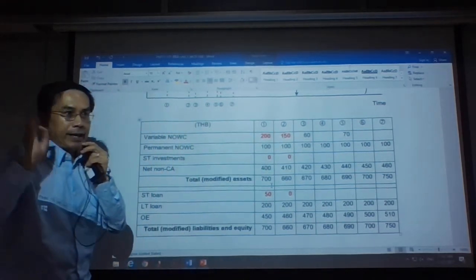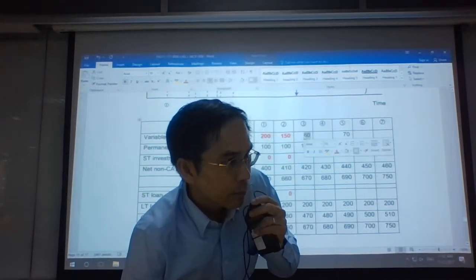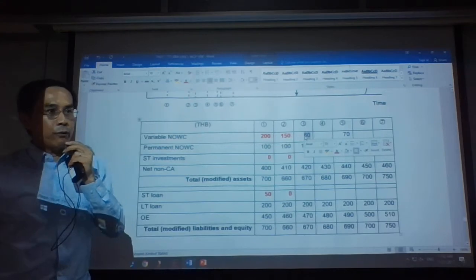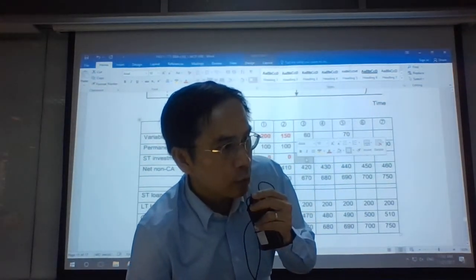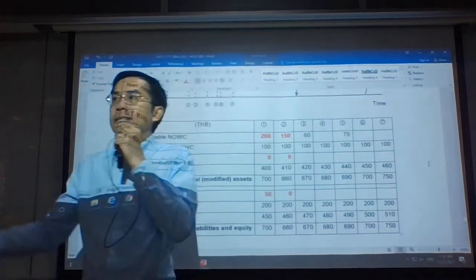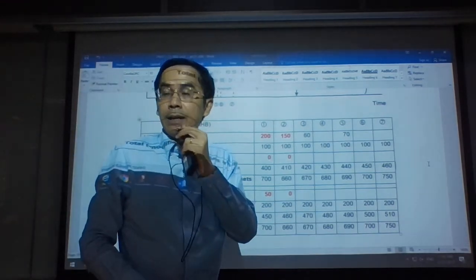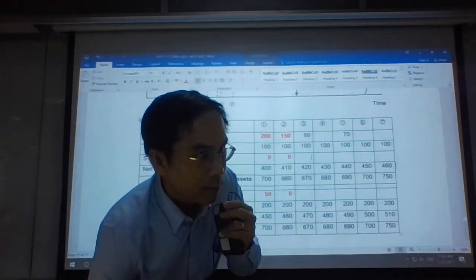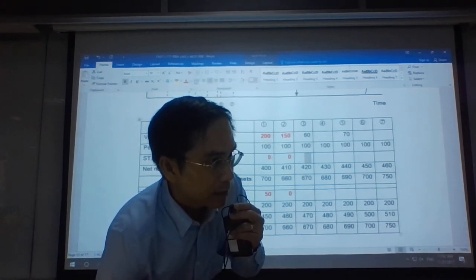At point number 3, I am assuming that total variable net operating working capital is equal to 60. Of course, you are able to complete the table right away. Just make the total assets equal to 670, so the number here can be calculated very easily.